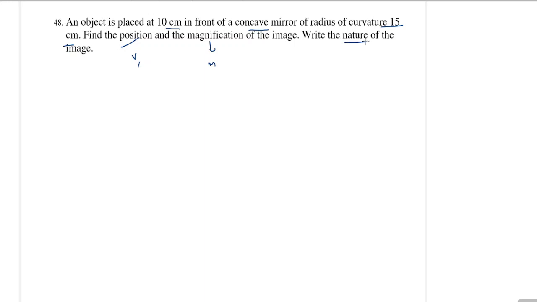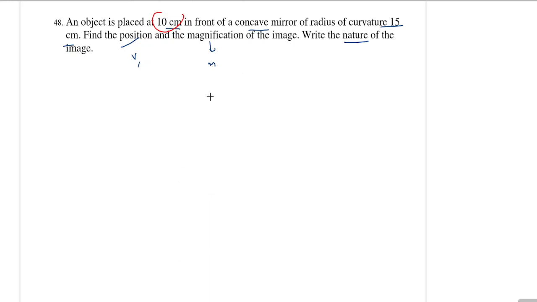Also write the nature of the image. In such numericals, always observe what has been asked. An exception in ray optics is that we can write the answer in terms of centimeter only. There's no need to convert into meter. That's what many books will write for ray optics. So it is fine to write in terms of centimeter only.